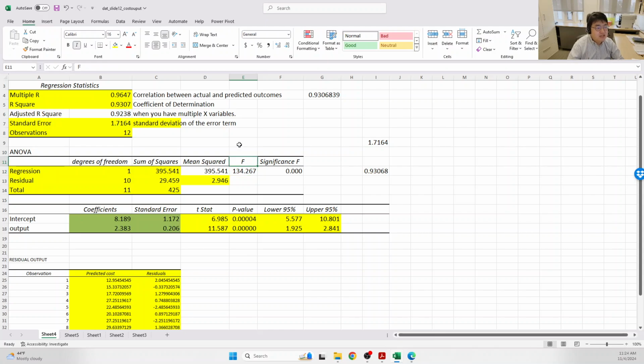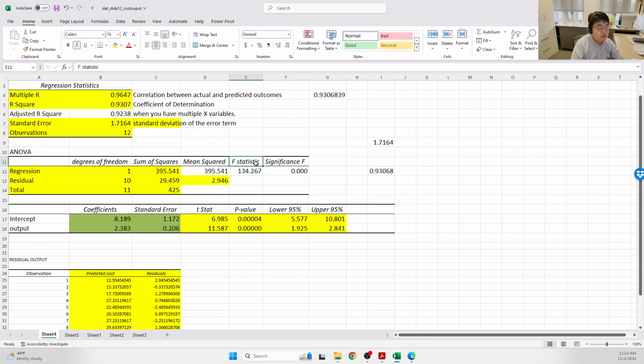And this is the F statistic. It is another hypothesis test, which I'm not going to explain right now. And significance is literally the significance, the p-value of this hypothesis test, right? So I'll skip these two for now.